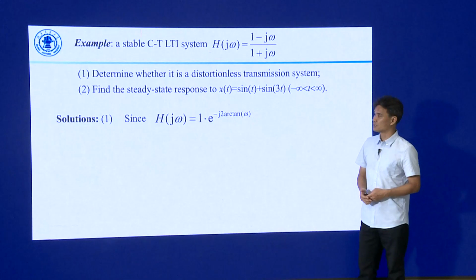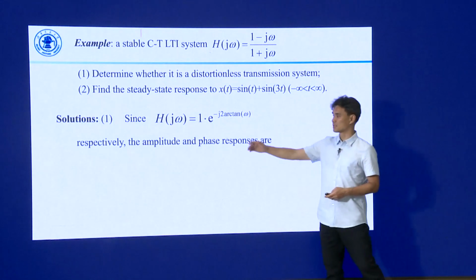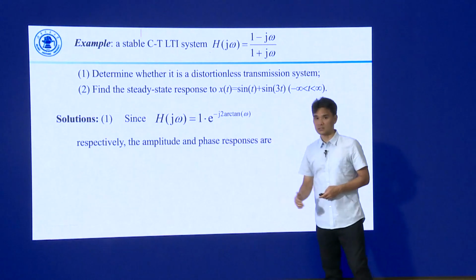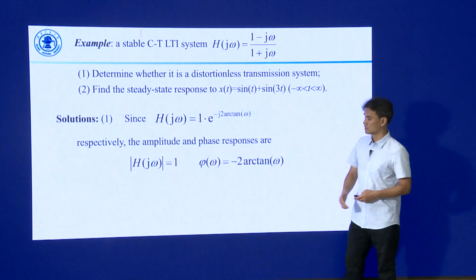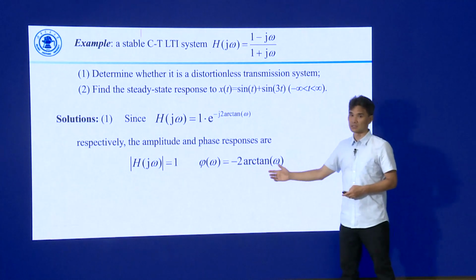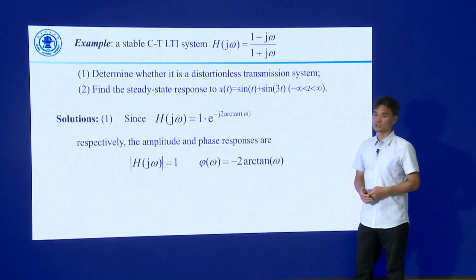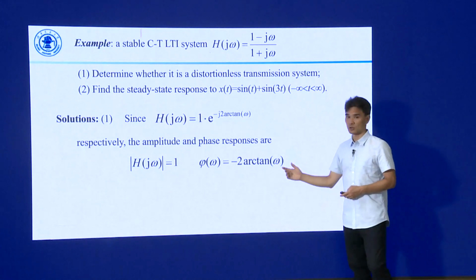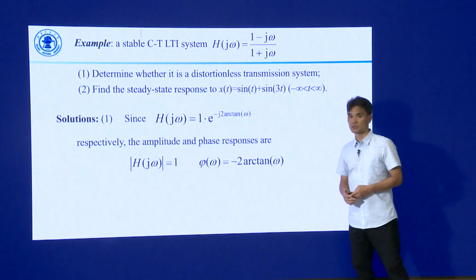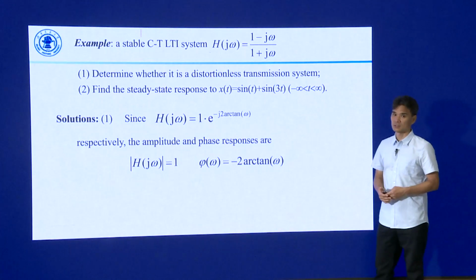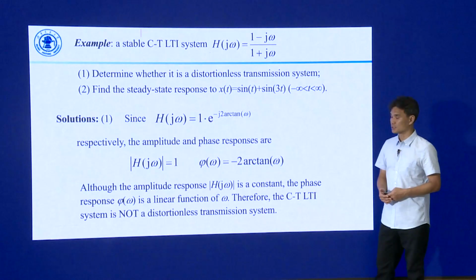So it's clear that the system's amplitude response is a constant, but the phase response is not in a linear relationship with the frequency. So we can determine that the system is not a distortionless transmission system.